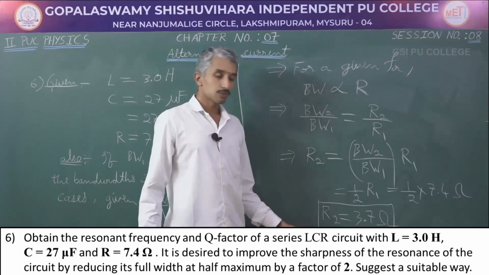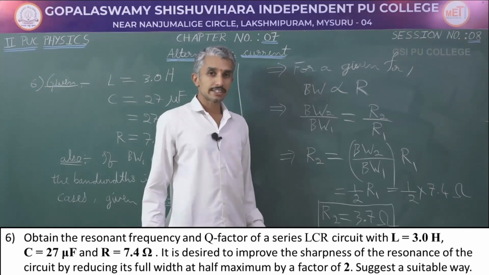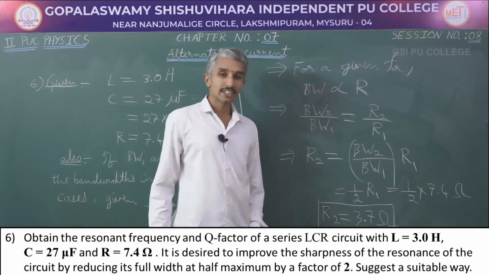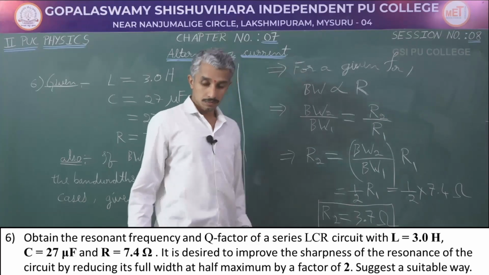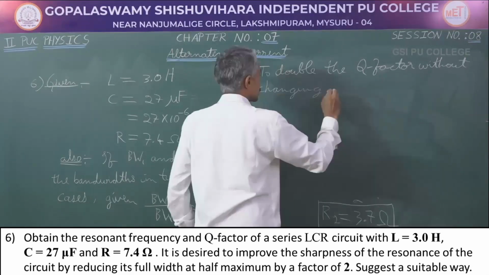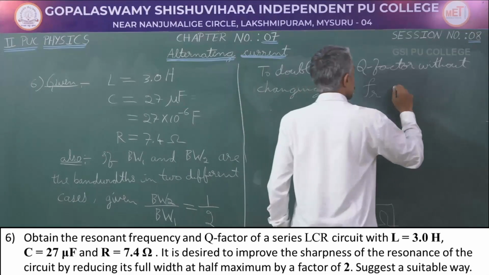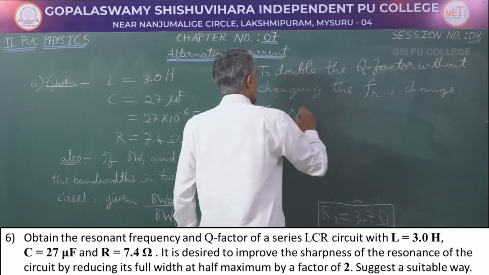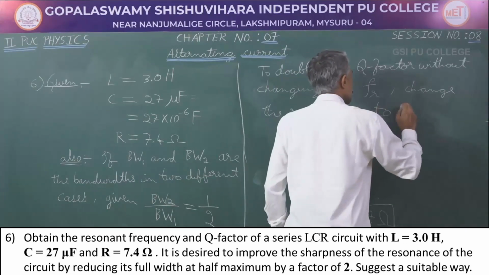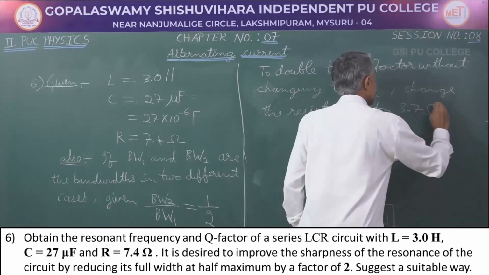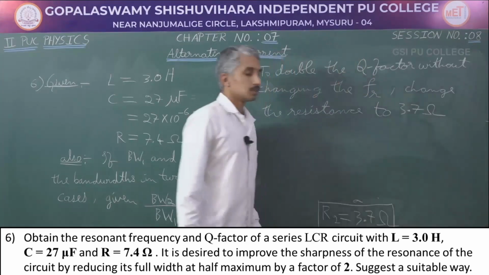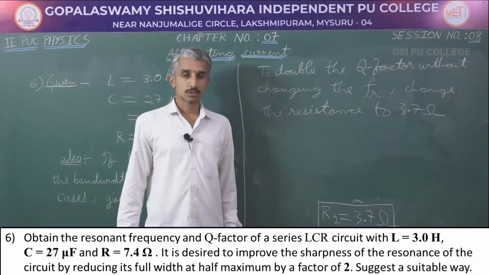Finally, we will conclude that if you want to increase the sharpness or decrease the bandwidth by a factor of 2, then change the resistance to 3.7 ohm. Let us conclude. To double the quality factor without changing the resonant frequency, change the resistance to 3.7 ohms. So, that is it. We will proceed further.